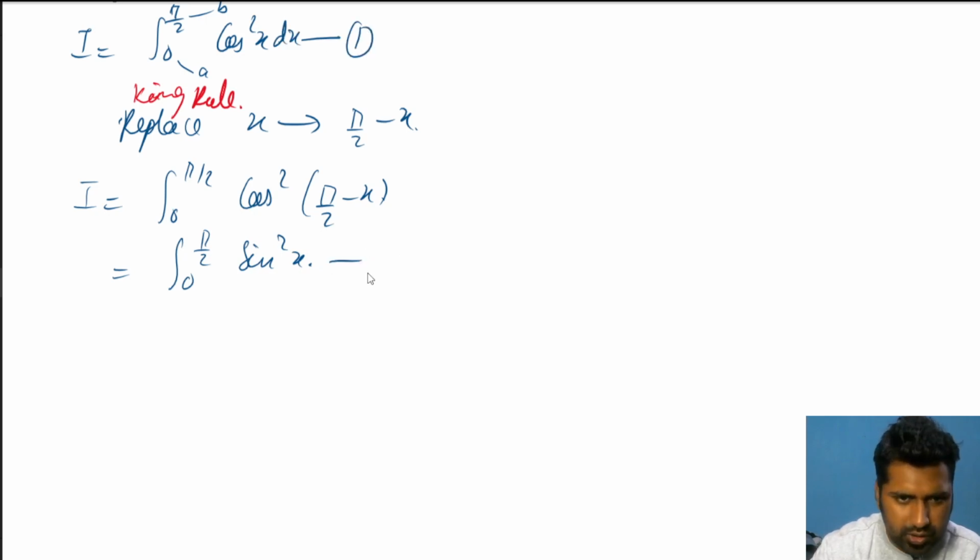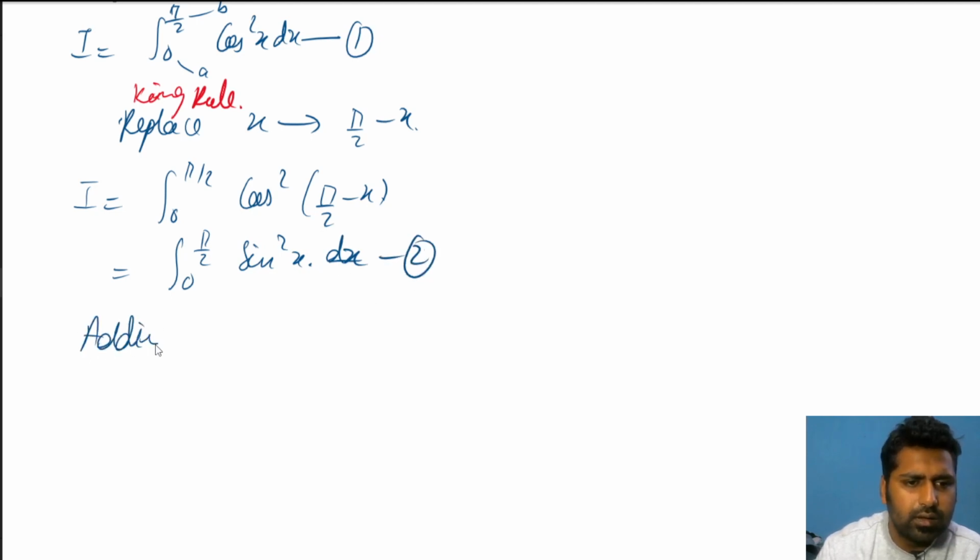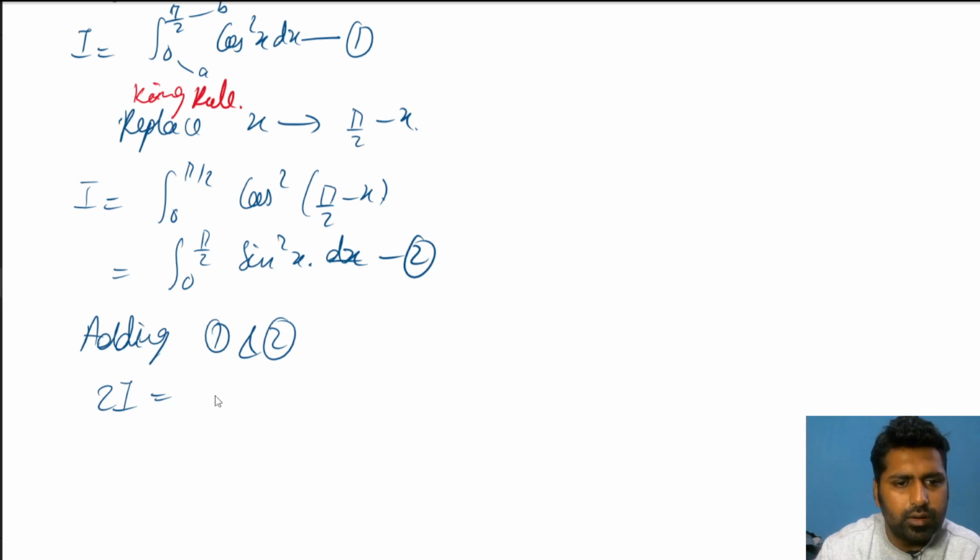Mark the original expression dx as first. Mark this new generated expression dx as second. If we add 1 and 2, what do we get? 2I as 0 to pi by 2. The limit is the same, so we can add the functions directly, cos square plus sine square. And that's a good thing. Why is it a good thing?